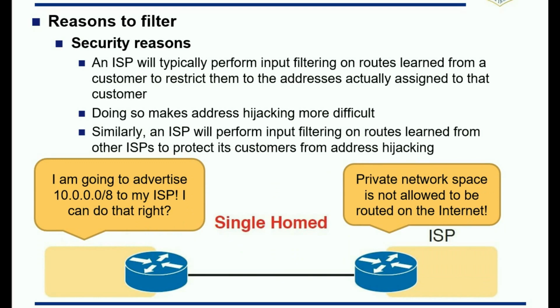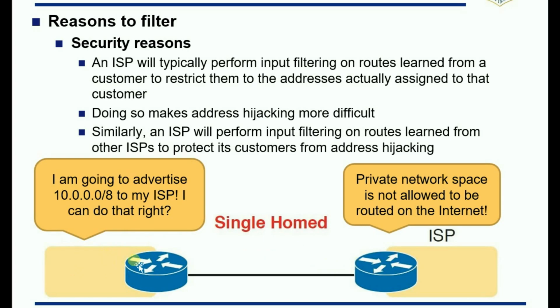That's that reason. Next, security reasons. An ISP will typically perform input filtering on routes learned from a customer to restrict them to the addresses actually assigned to that customer. There could be other types of reasons, but from the security standpoint, let's say I have my home network here and I'm going to start advertising routes to my ISP.